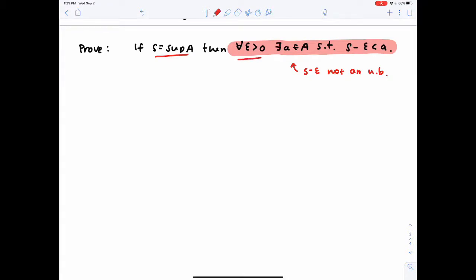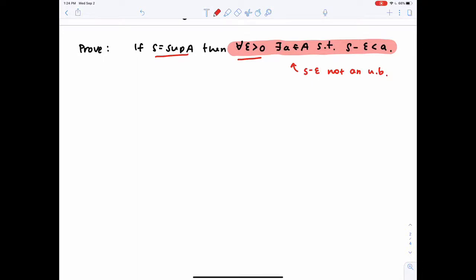And proving a for all statement requires a more general argument. When I negate this highlighted statement, then I would get that there exists an epsilon, and so I'm working with just one number, and some people might find that easier to do. I'm going to prove this claim directly though.